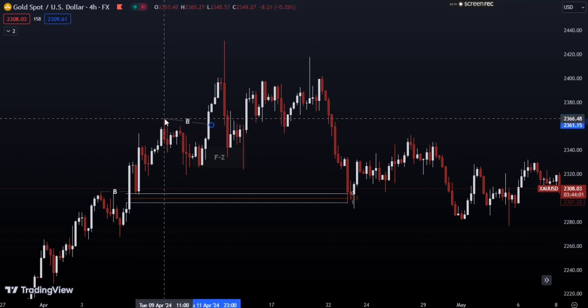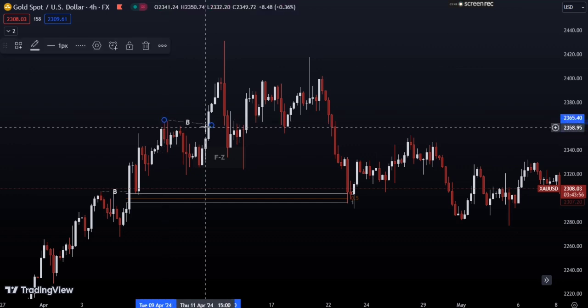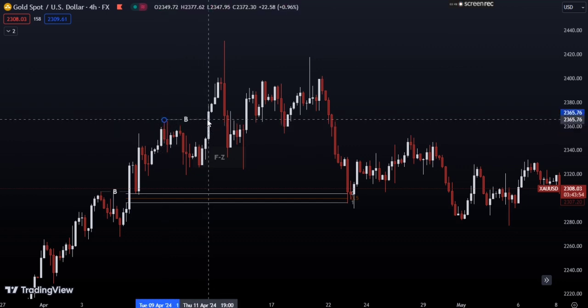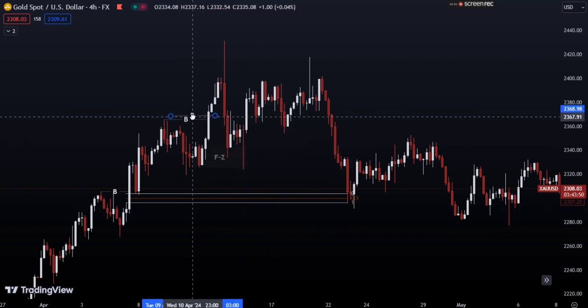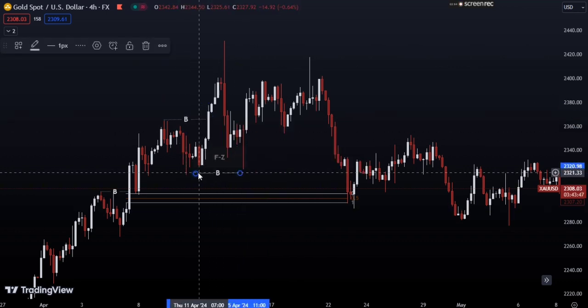This is a break of structure. This is a change of character.